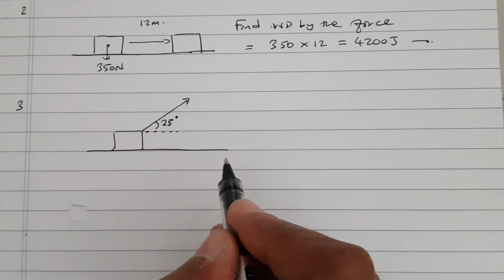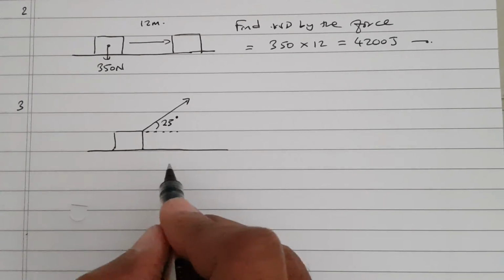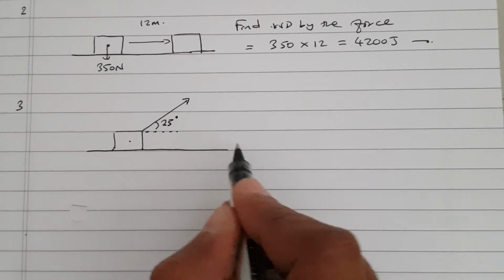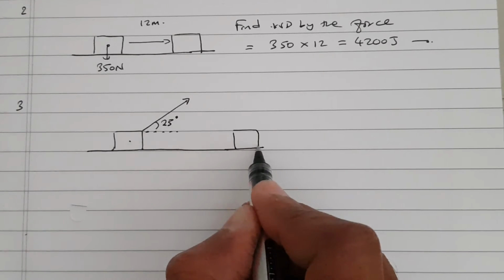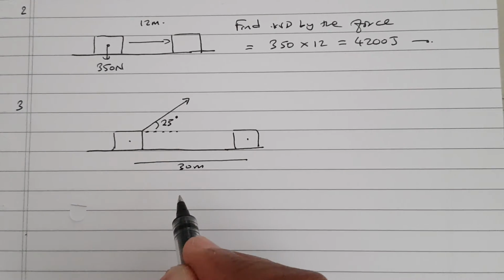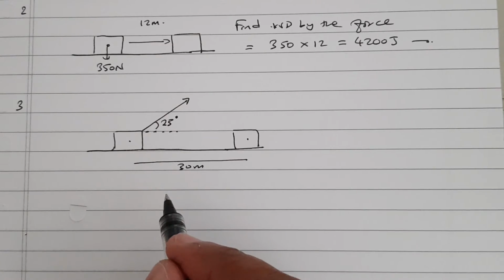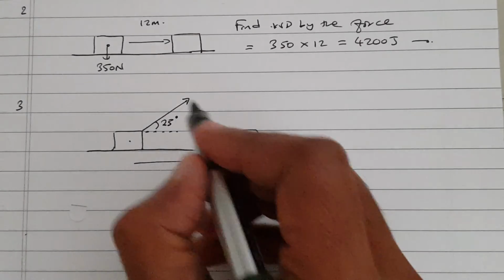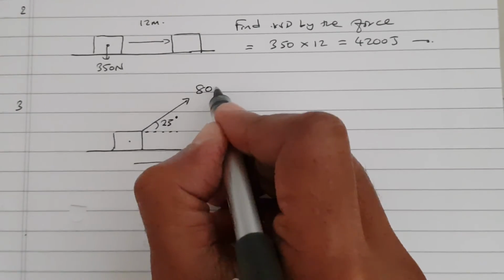The body is moved 30 meters, comes here and rests here, so 30 meters. Let's say further that the force in the string is 80 newtons.